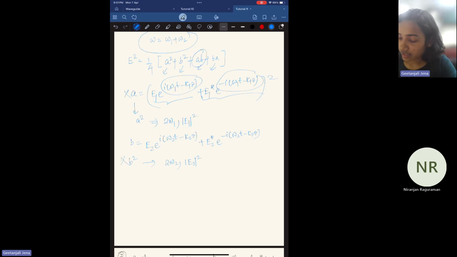For AB, if you multiply A with B, we want omega 1 plus omega 2. That means if you multiply the first term with the first term here, this will give an omega 1 plus omega 2 component.